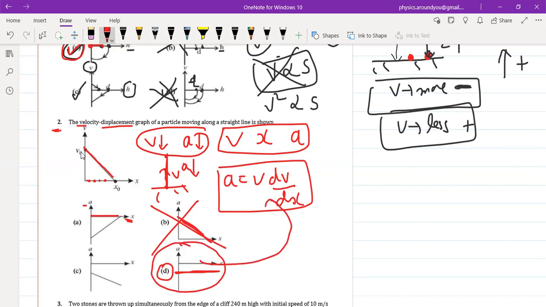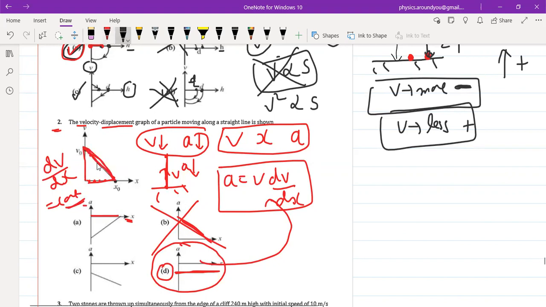Why? This is a straight line, isn't it? Which means the change in the y coordinate by change in the x coordinate is always a constant. In other words, the slope is always a constant.